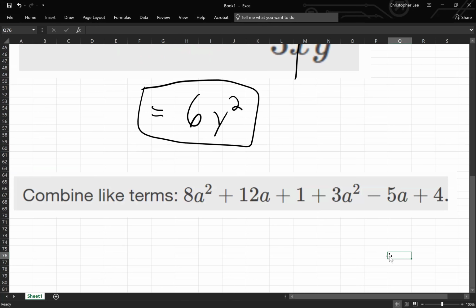All right, so here we want to combine like terms. Do that for me real quick. What's that going to be? 7? 11a squared. Keep going.